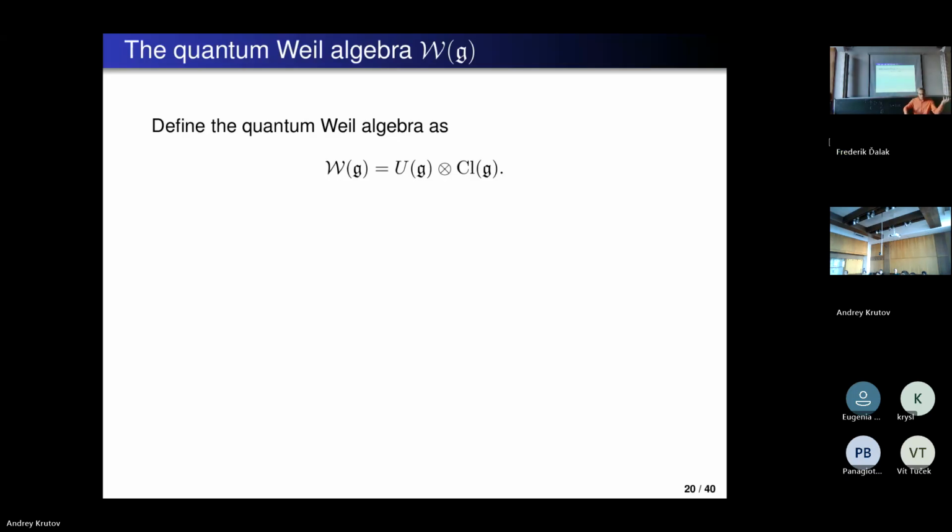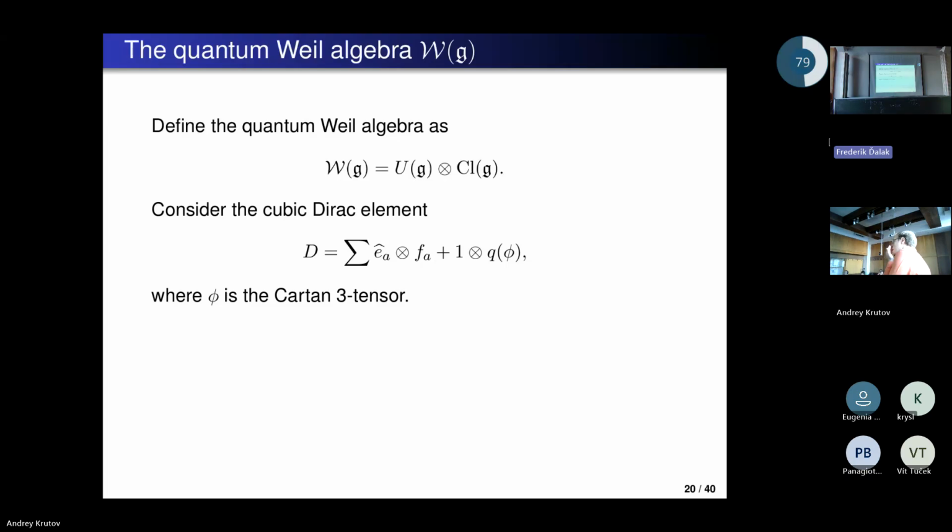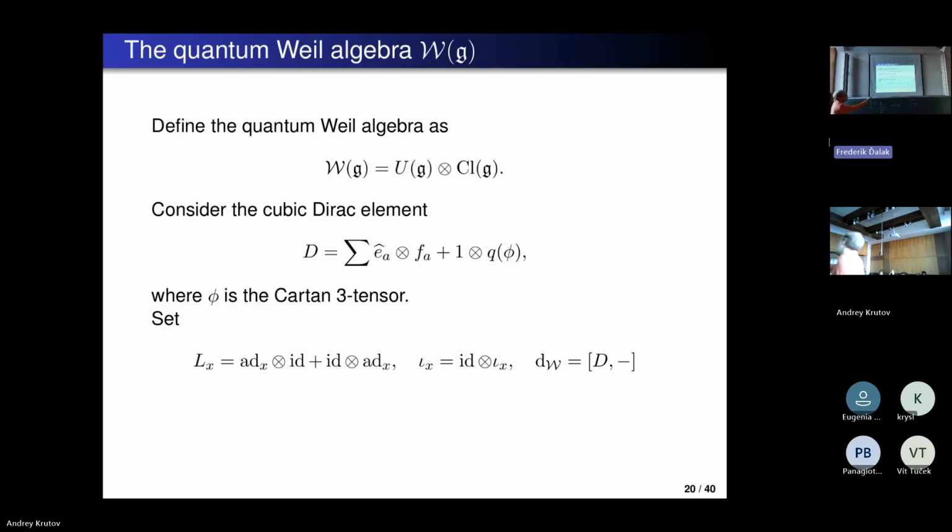And the Clifford algebra, we already discussed it, as a quantization of the exterior algebra of g. So now here you will have a Dirac operator. It's a cubic Dirac operator that usually works with Kostant and some physicists that I don't remember. But Kostant is more famous, and it will be again a G-differential algebra, with construction as before.